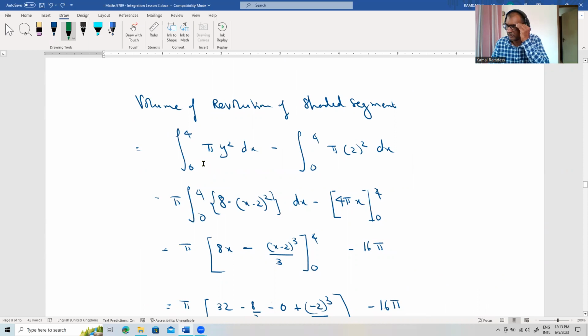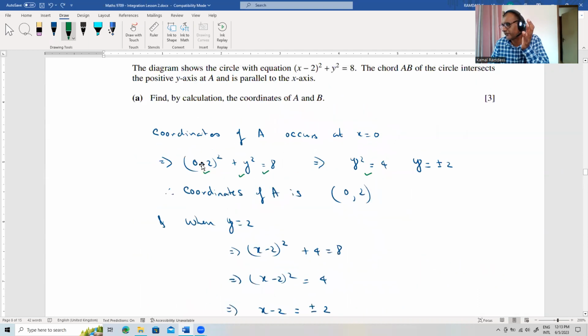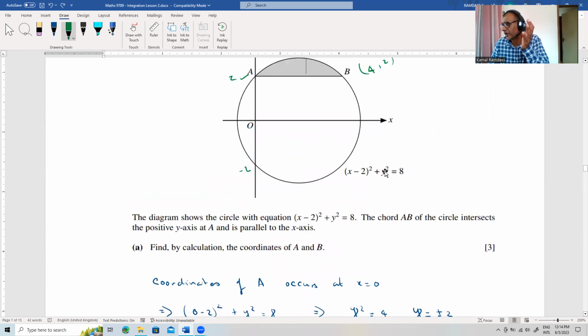And integration from 0 to 4, pi y squared dx, minus integration from 0 to 4, pi, well, y squared comes from this expression. Okay, y squared is equal to 8 minus (x minus 2) to the square.